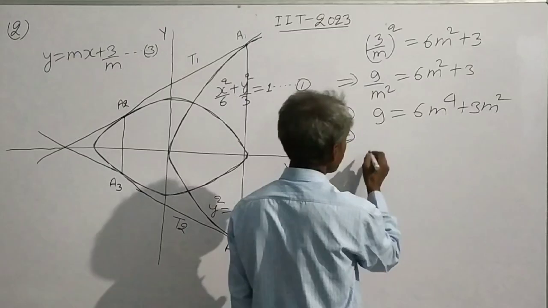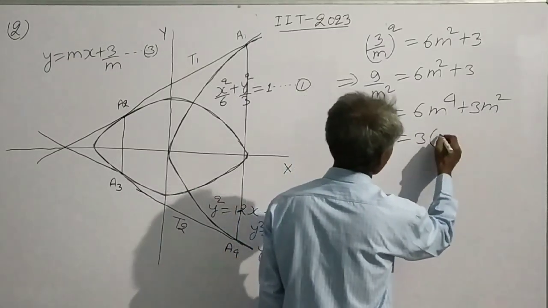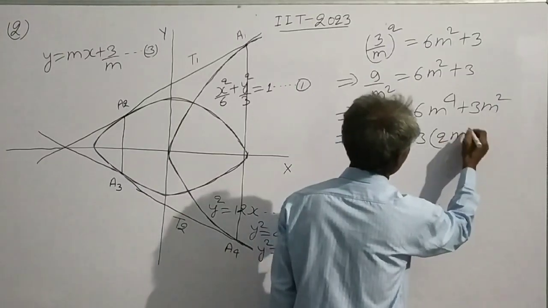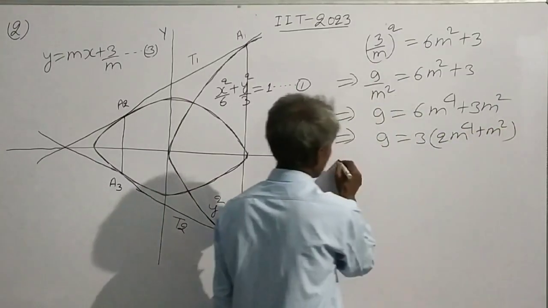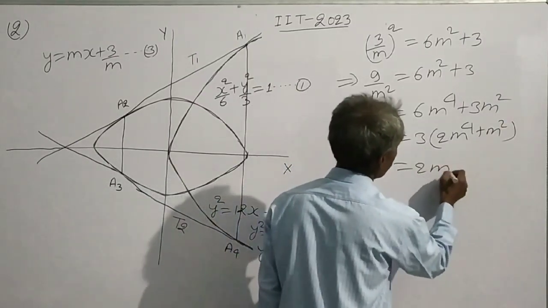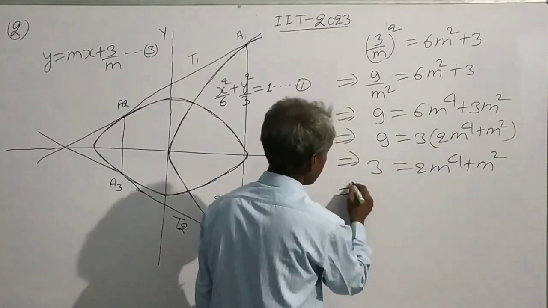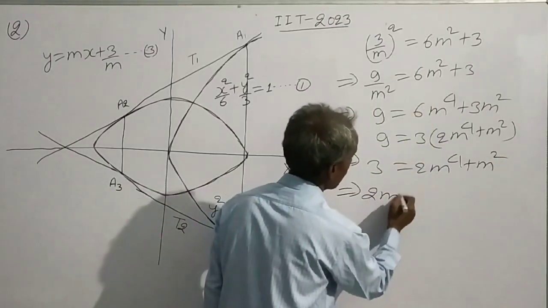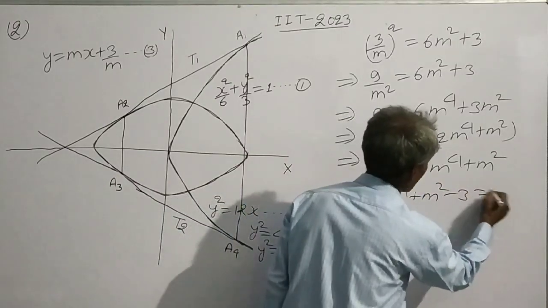This implies 9 is equal to 3 times (2m to the power 4 plus m square). This implies 3 is equal to 2m to the power 4 plus m square. This implies 2m to the power 4 plus m square minus 3 is equal to 0.